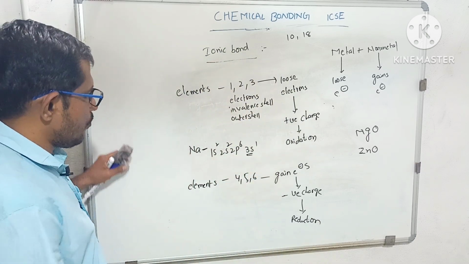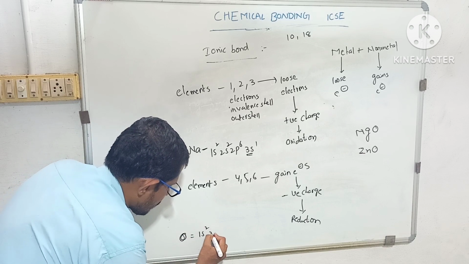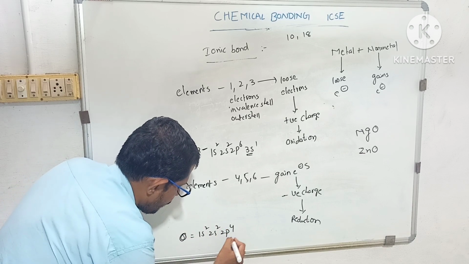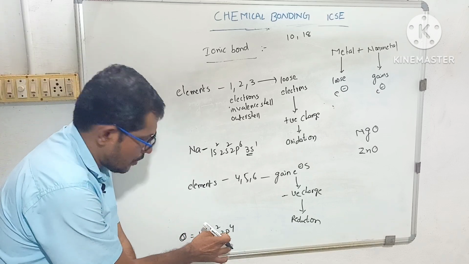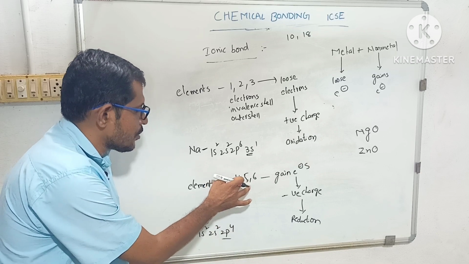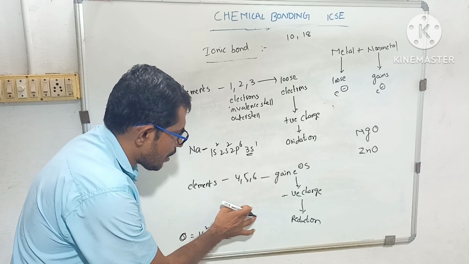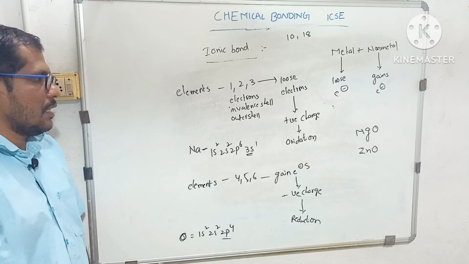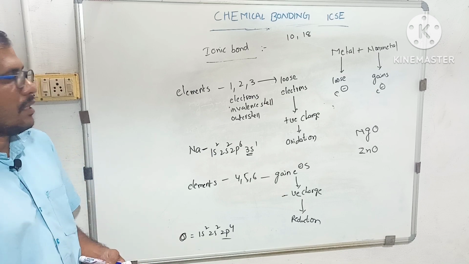If you take a simple example, oxygen, what is the electronic configuration of oxygen? 1s2, 2s2, 2p4. See, in outer shell there are 6 electrons. So as I said, elements with 4, 5, 6 electrons in valence shell gain electrons and form negative charge, and they undergo reduction reaction. In such a way also we can explain the ionic bonding nature, right?